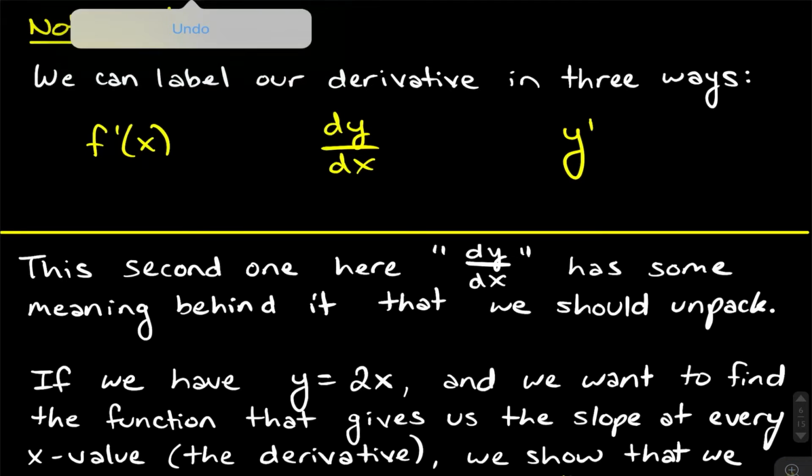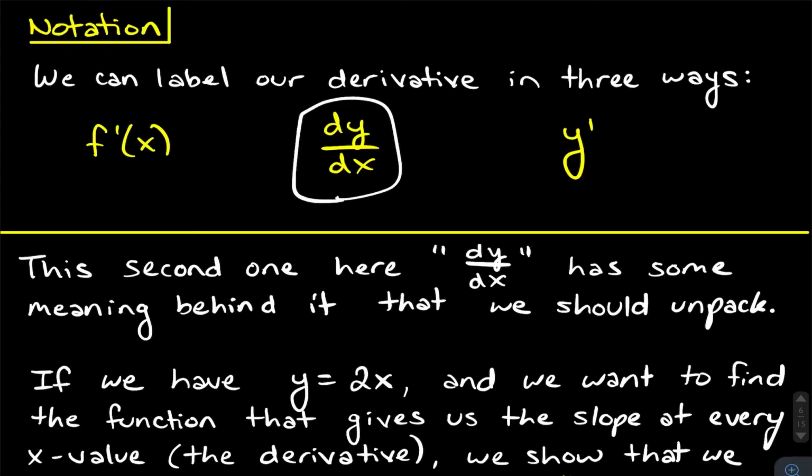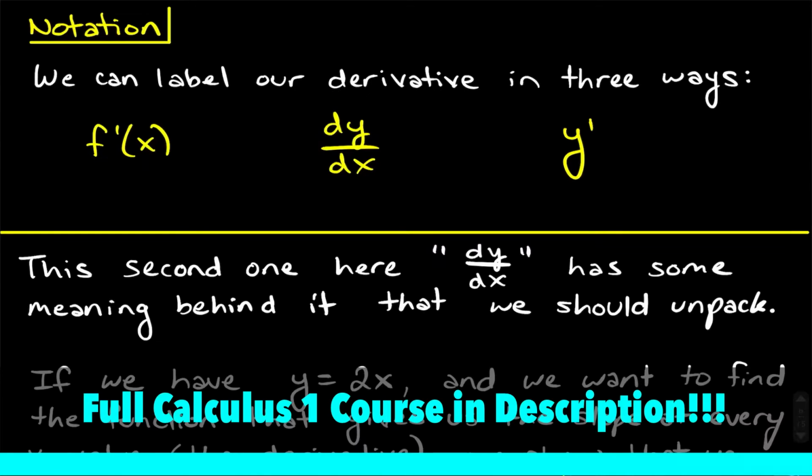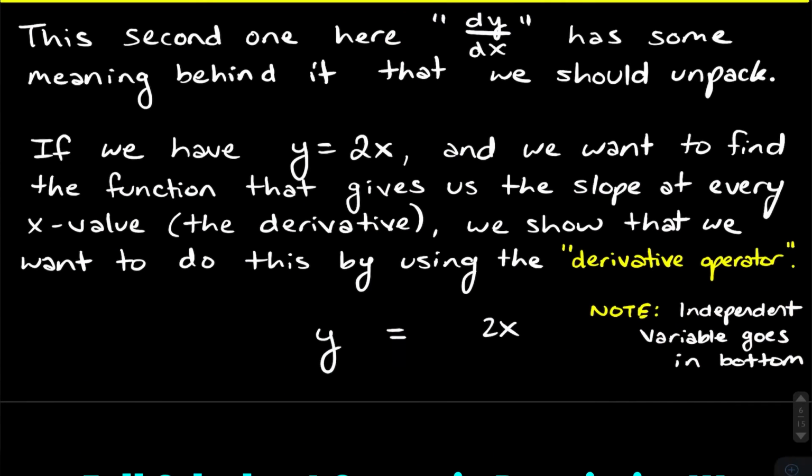Okay, and there is some more behind this notation because it just seems to kind of come out of nowhere with d's and stuff. And so I want to explain that a little bit more. That's why down here I have that this dy dx has some meaning behind it that we should unpack, okay?